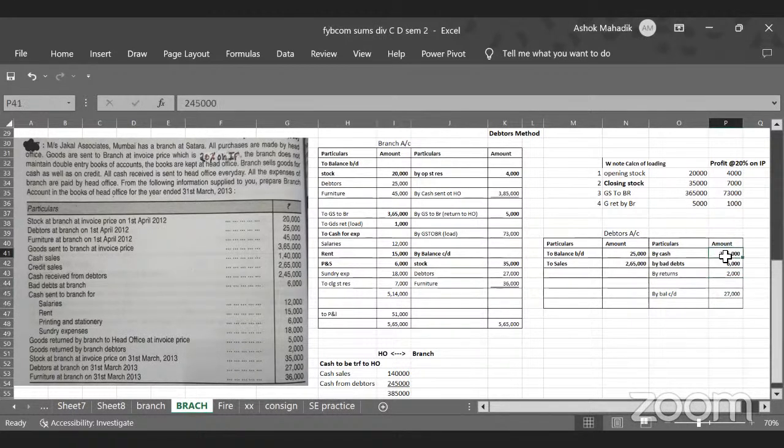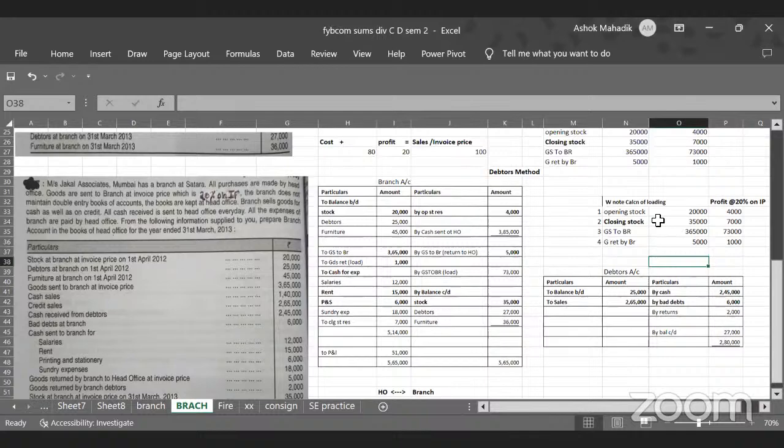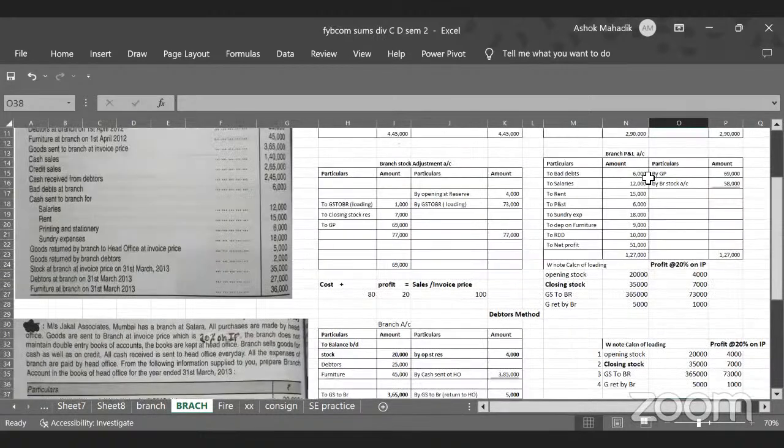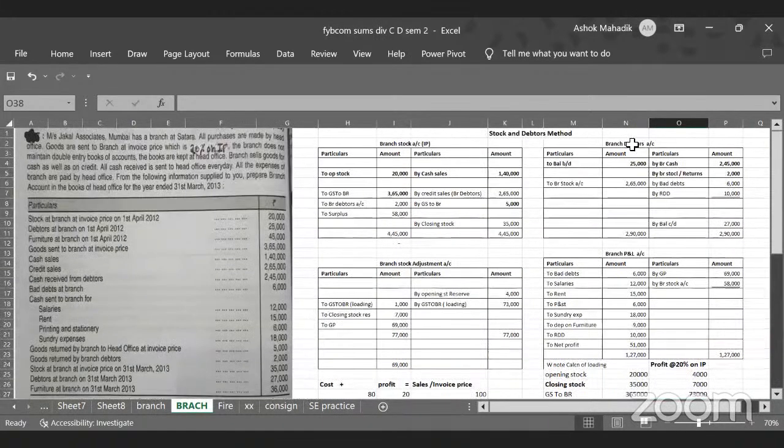Let us close this account. Two lakh 80,000. Yeah, we had made this account in stock and debtors, right? You remember? We shall scroll up. Look here, we had made this same account. Yes. Okay, you can see.